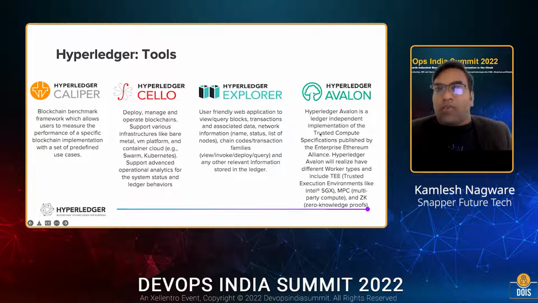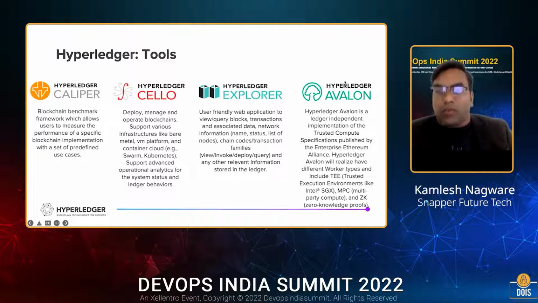Then Avalon, which I mentioned as a new feature and new advancement. Avalon is about a new concept called trusted execution environment, which is a kind of zero-knowledge-proof style business logic execution on the cloud. So how could blockchain use this feature and get it enabled on the ledger?